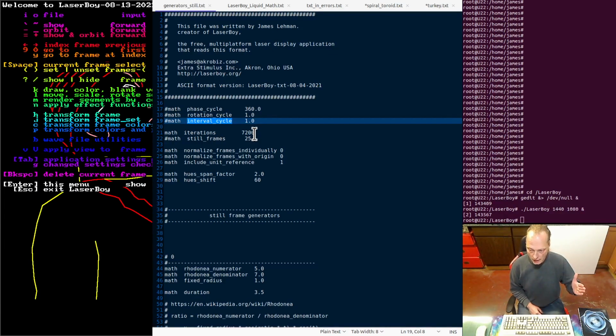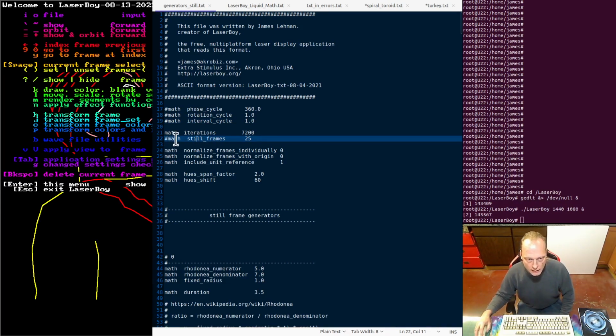This is where you start on the real number line, you go for duration on the real number line, and it is in units of whole cycles of 2 pi. And you can change these to whatever you want. You already know what iterations is. I've remmed this out temporarily. Still frames is, we already looked at that. So you would just get 25 copies of each one of these still frame generators.